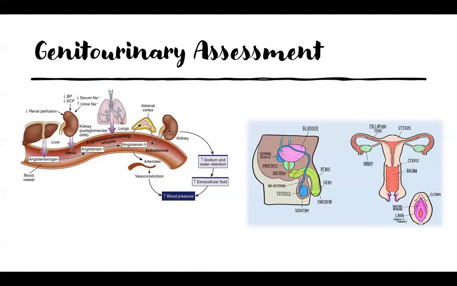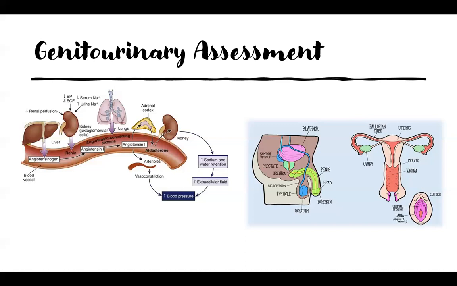Contributing factors to genitourinary disorders could be that they actually have a history of genitourinary disorders. They may have a history of hypertension, a history of diabetes. They may have a family history of renal disease, such as PKD, which is polycystic kidney disease.